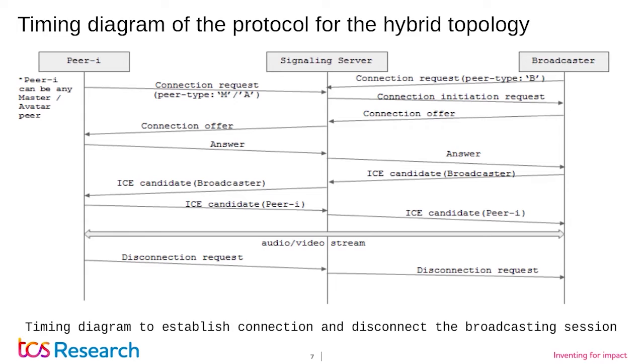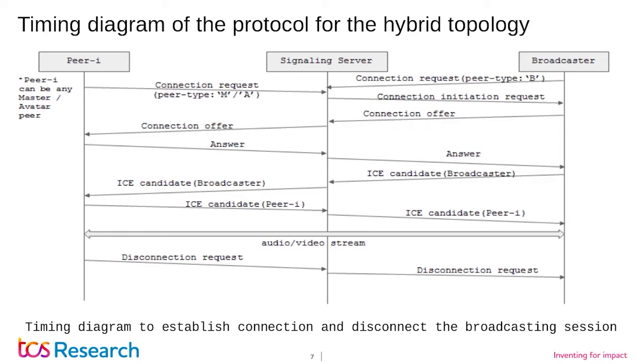When it tries to establish a connection request, that is, it wants to join the session, it will send a connection request along with its peer type. Peer type M means it is a master and A means it is an avatar, and the broadcaster will send a similar connection request to the signaling server.